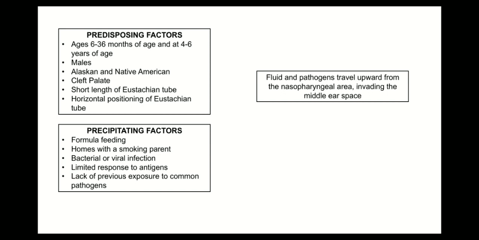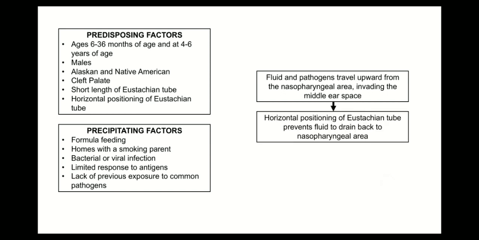So, how does this lead to acute otitis media? So here it is. First, fluid and pathogens from the precipitating factors will travel upward from the nasopharyngeal area, invading the middle ear space. Once they invade the middle ear space, they can no longer drain back to the nasopharyngeal area because of the positioning of the eustachian tube in children.